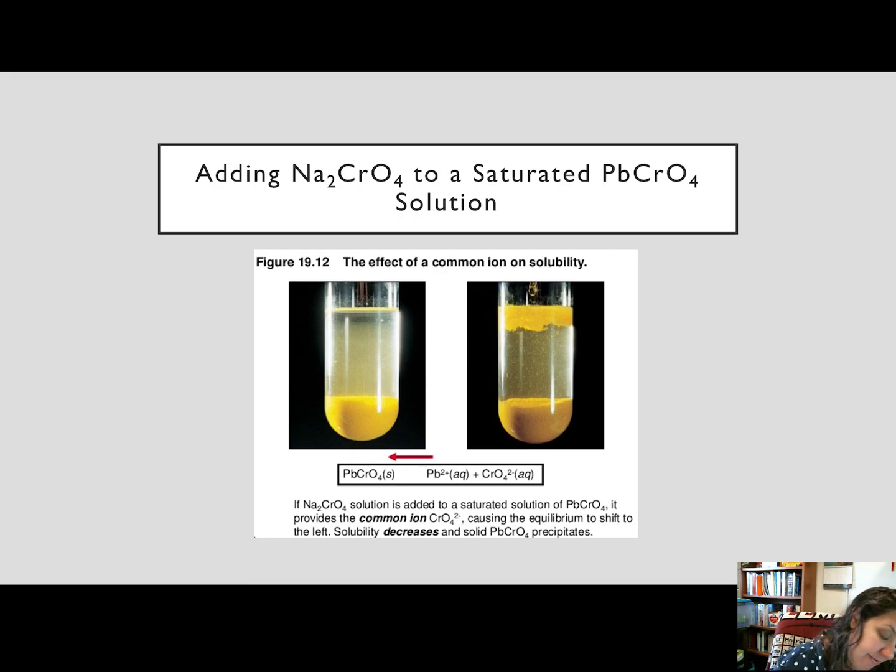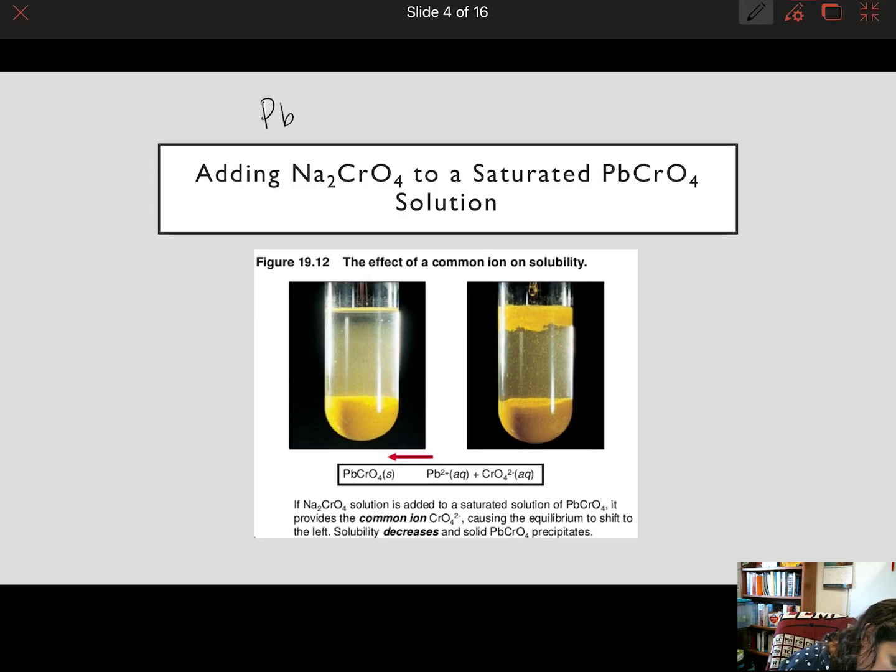So, if we have the equilibrium process of lead chromate, this is considered an insoluble salt, but it does have some ions that dissolve. It's just considered insoluble because of how few ions it dissolves.